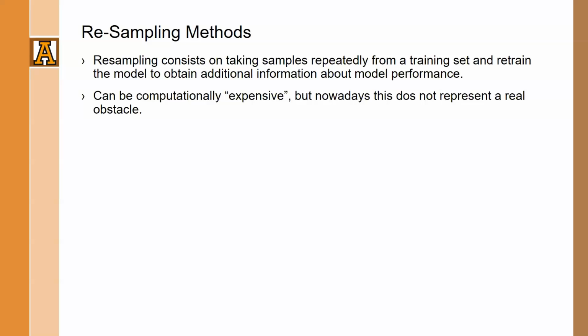Now, resampling can be computationally expensive, but nowadays it's not so much of an issue. It used to be a big issue when we had very limited computing power. Of course, how expensive the processing is depends on the number of data points we have and the number of variables or predictors that we have.